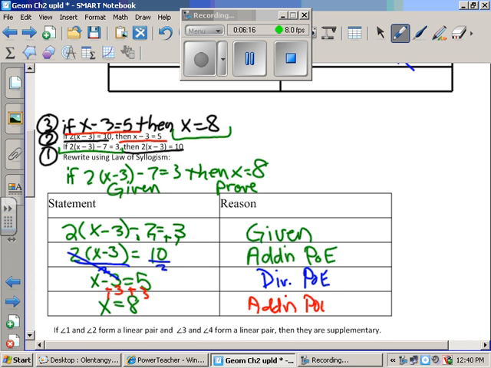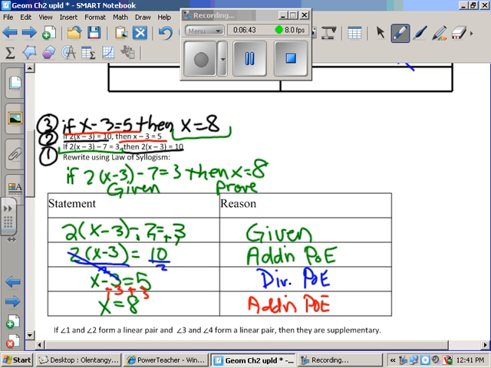Okay? So the steps are, put your syllogism in order. Write your steps of the proof by starting with the first hypothesis and then writing each conclusion from step 1, from step 2, from step 3, and the last conclusion should be your proof statement. Okay? And then you go in and write your reason.